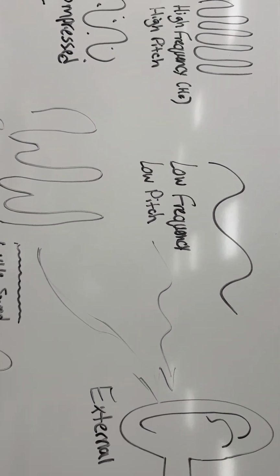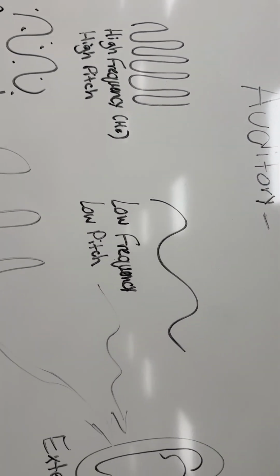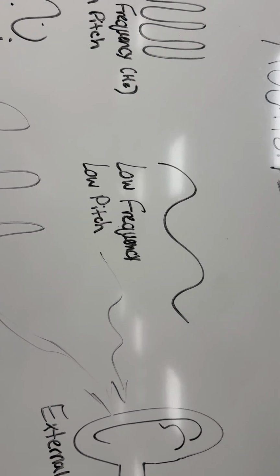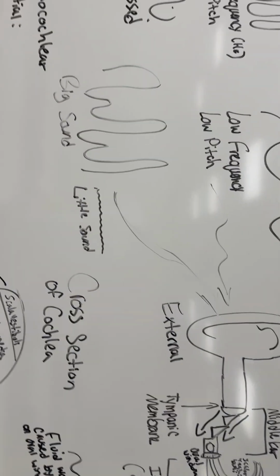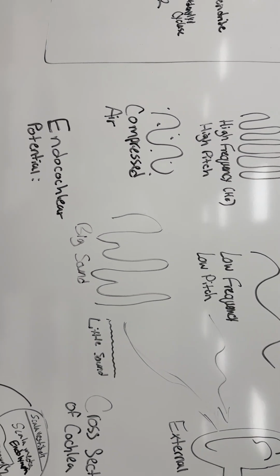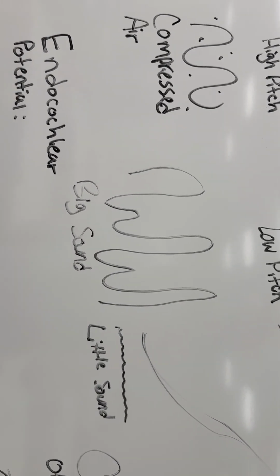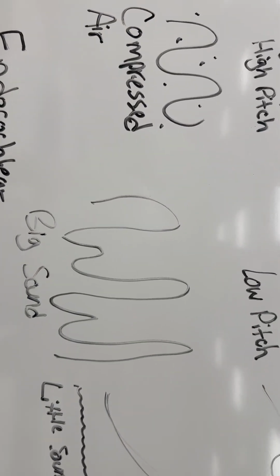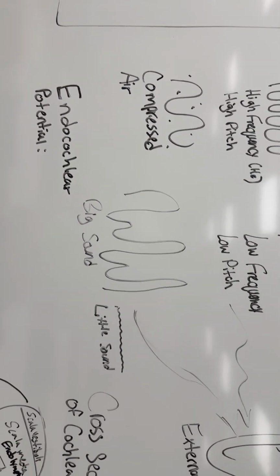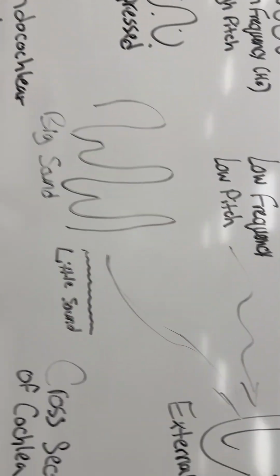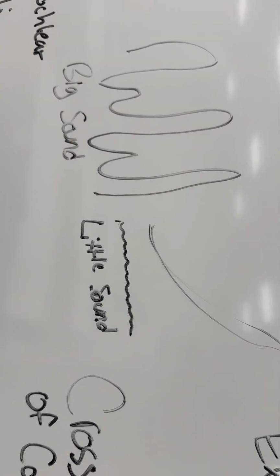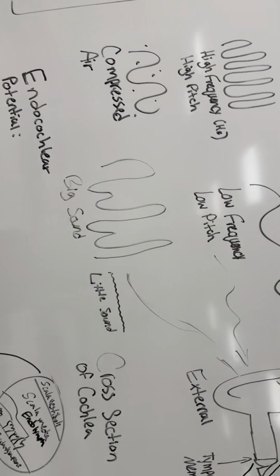And if we don't have a lot of peaks passing that point in 1 second, we're going to have a low-frequency sound, which is going to be perceived as a low pitch. And also the loudness of the sound is based on the amplitude of our sound waves of compressed air. So if we have these big amplitudes, we're going to have a big loud sound. And if we have little amplitudes, we're going to have a quiet little sound.